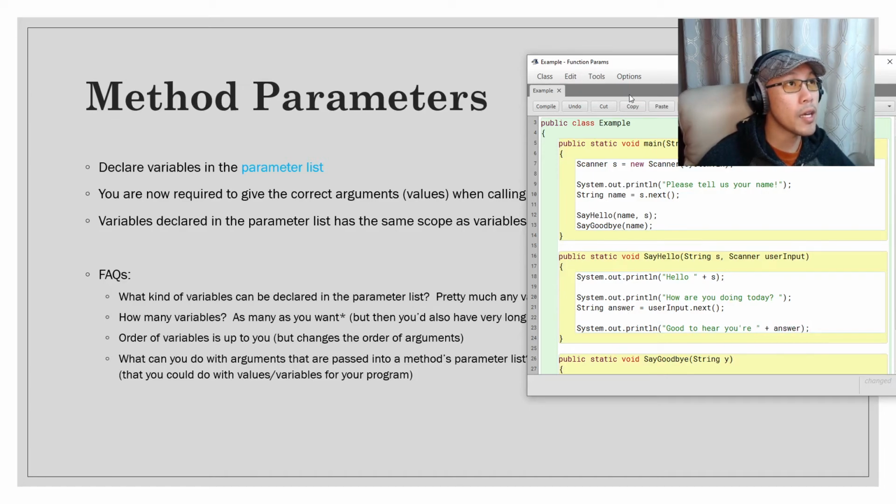Now we can actually share the Scanner instance from the main method into sayHello, because again it just takes whatever the value is of an argument or a variable and puts that into the parameter. Let's compile this.